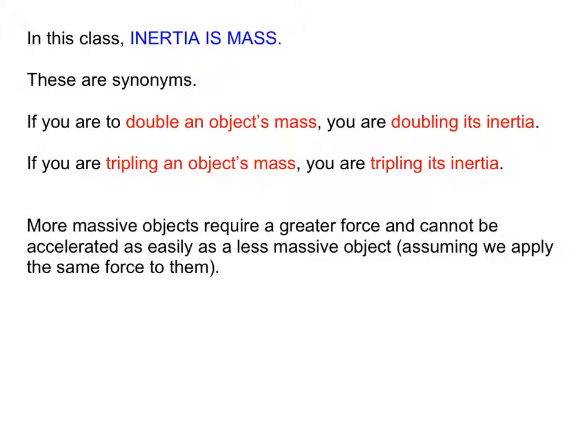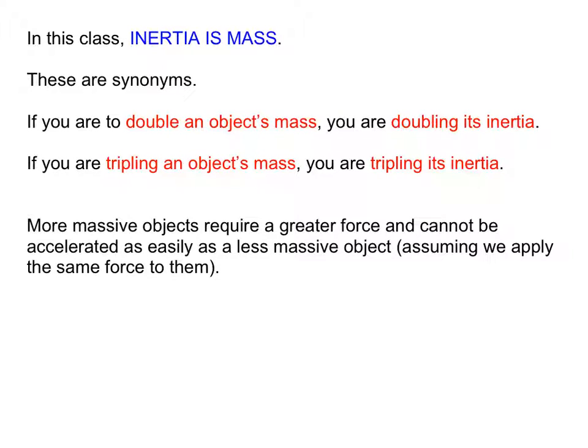Let's say we have two objects, a massive object and a small object. Let's say the goal was to make sure that these masses reach an acceleration of 10 meters per second squared.